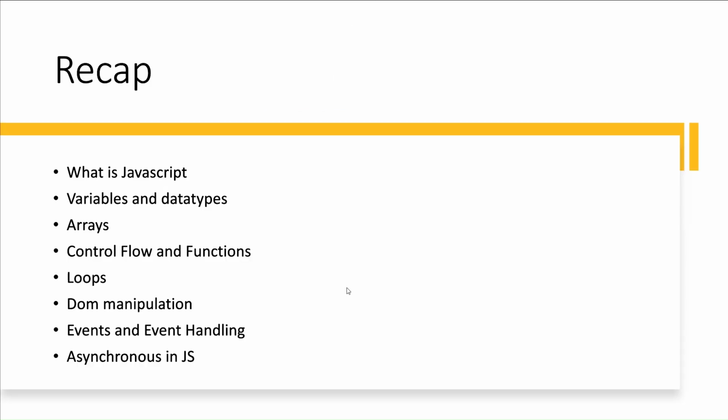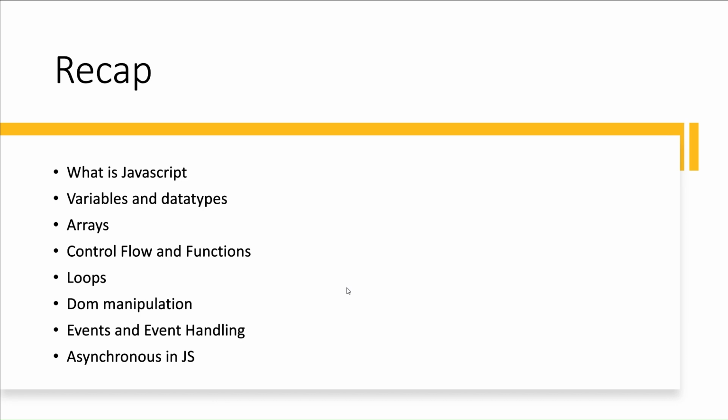So now, we have come to the end of the JavaScript crash course. So here is what we have learned through this whole course. First, we have seen what is JavaScript, variables and data types. We have also seen arrays, control flow and functions, like how the if-else statement works and how the functions are called. We have also seen how the loops work.